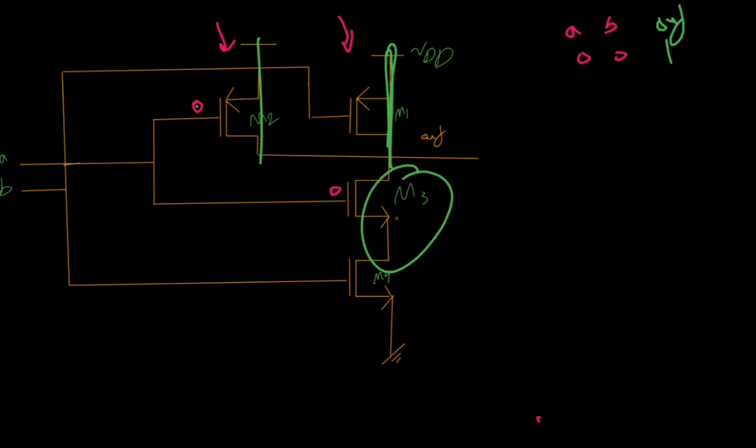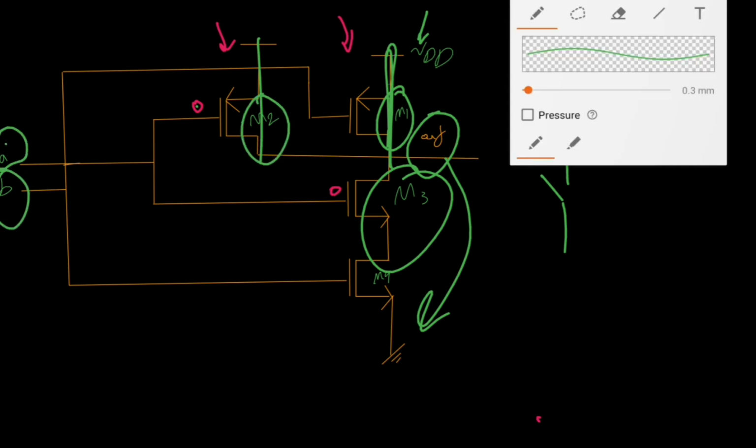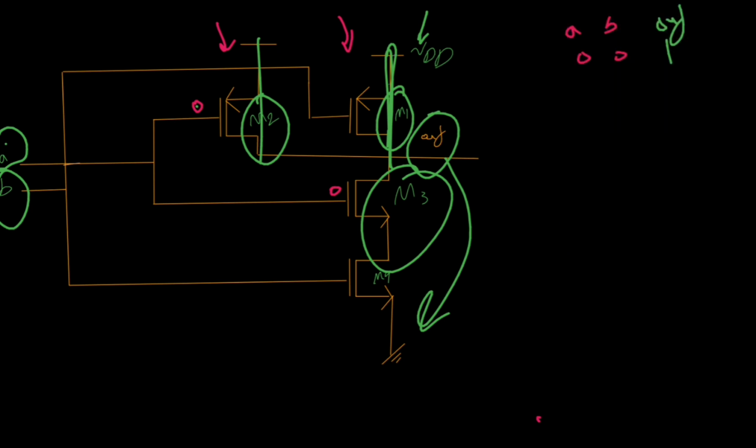Because any one of the NMOSes is off, they would be open circuit, and therefore the connection of out with the ground would be disabled, and out would be connected to the battery voltage from either M1 or M2, depending on whether A or B is on. So by having any one of the A or B inputs being 0, we would have the out as 1. You see, just work out the logic.